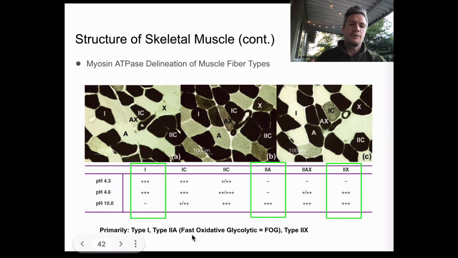You should be introduced to the idea of fast oxidative glycolytic fiber types, so that's our 2A. One way you can think of this is we have our pure type 1 slow twitch muscle fiber over here on the left with type 1. And then on the far right-hand side, we have our 2X, which is a bit more of a pure anaerobic, fast twitch muscle fiber type.